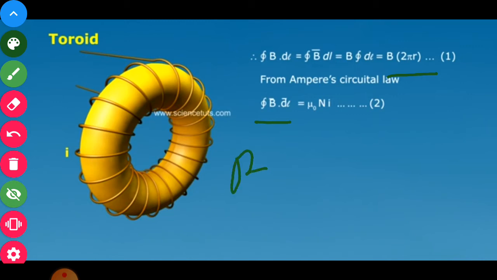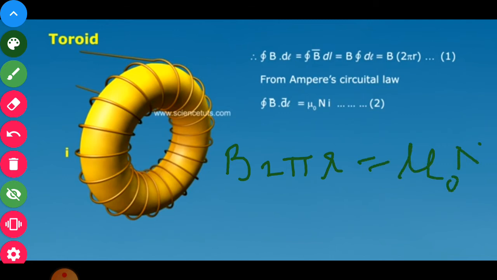So we can write B into 2 pi r is equal to mu 0 N I. That will give you B into 2 pi r is equal to mu 0 N I you are getting.